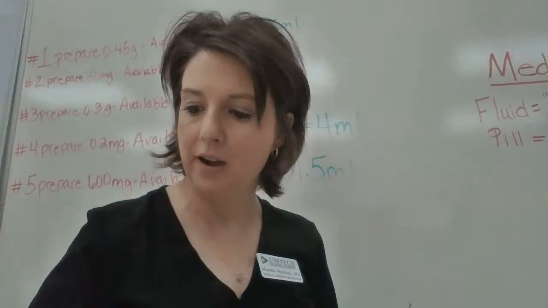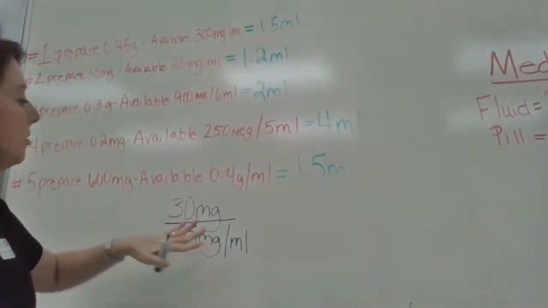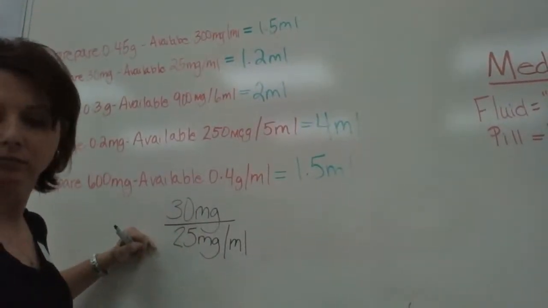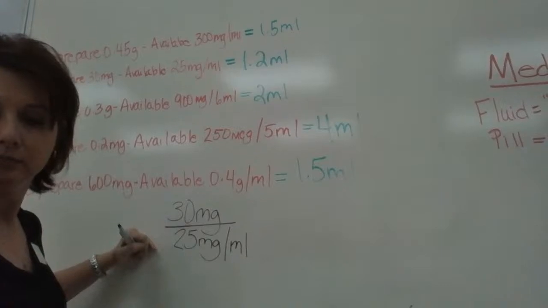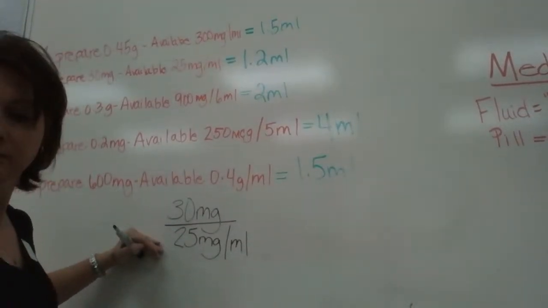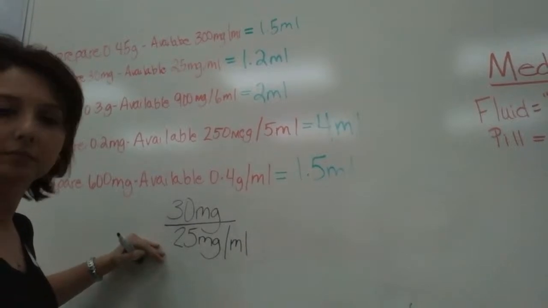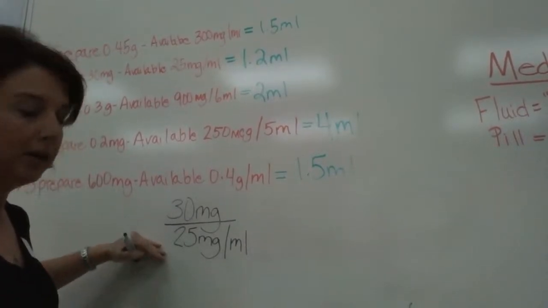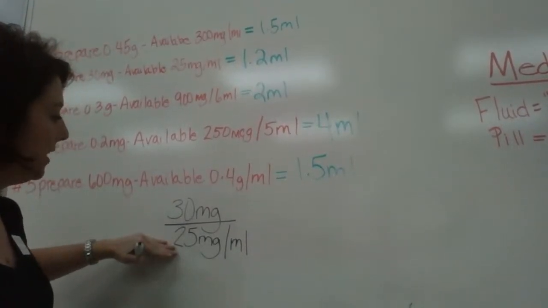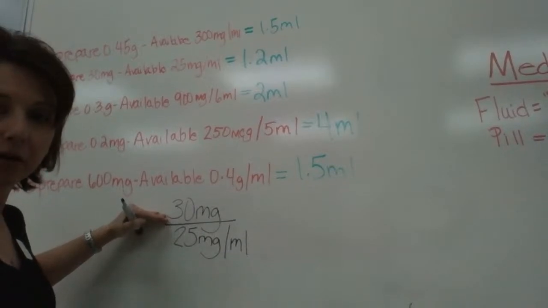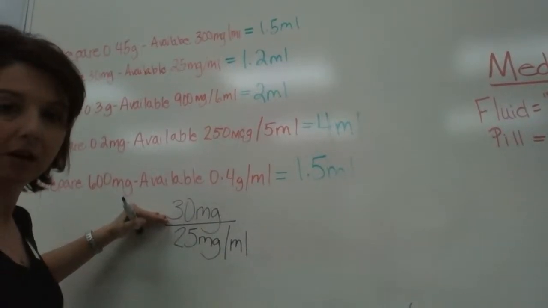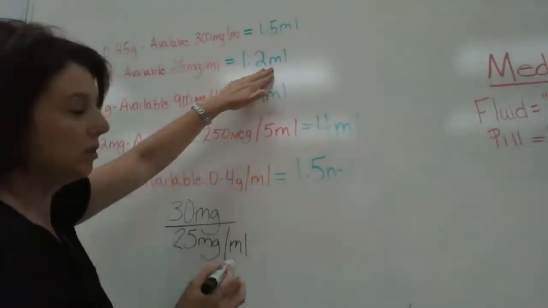Somebody tell me what we're dividing. What are we dividing here? We are dividing 25 into 30. This is going to give us our answer, which is 1.2.